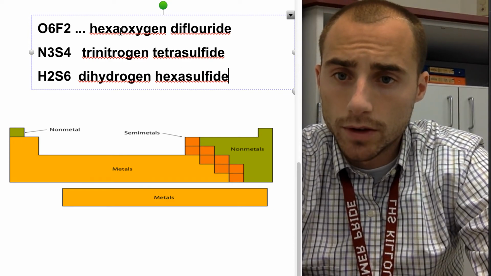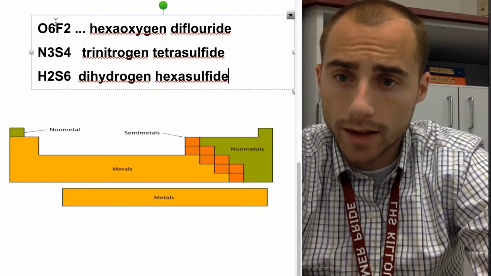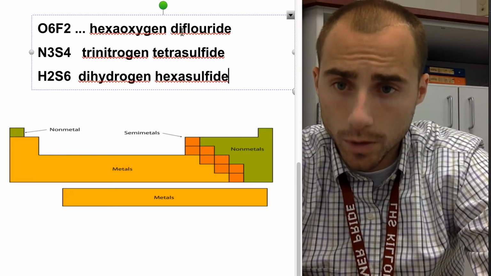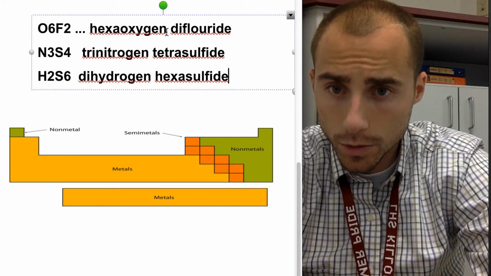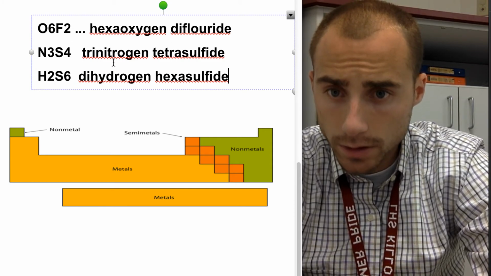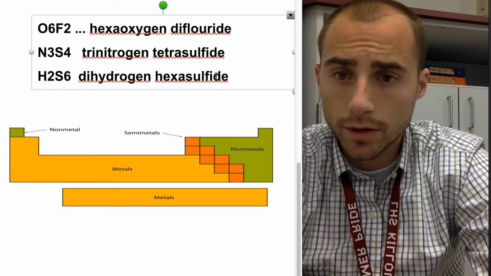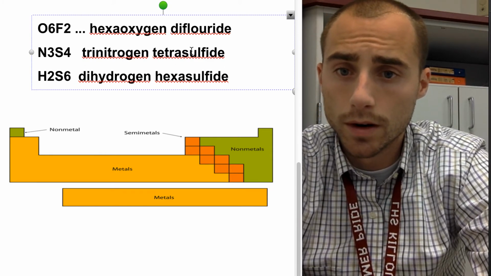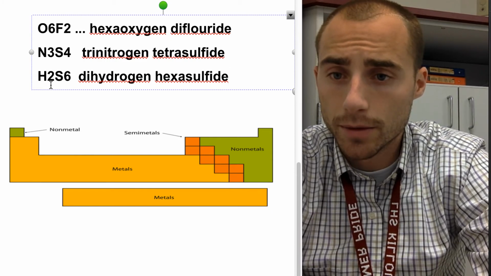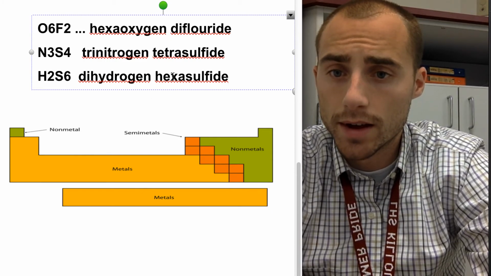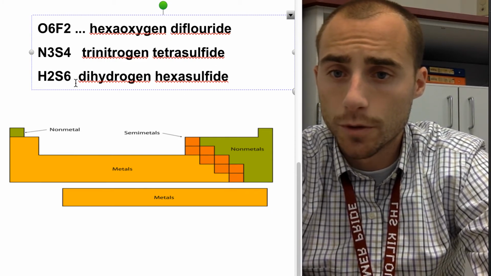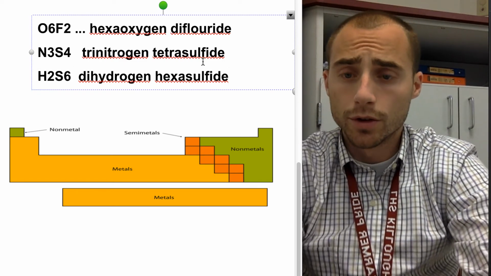O, oxygen. So oxygen comes from the O, hexa comes from the 6, fluoride comes from the fluorine, 2 di. Nitrogen N, tri 3, sulfide S, 4 tetra. Di comes from that 2, hydrogen from the H, hexa from the 6, sulfide from the S. So those are some practice ones.